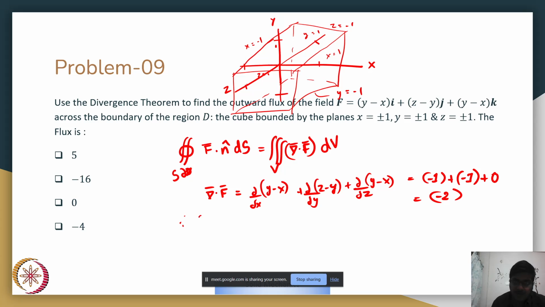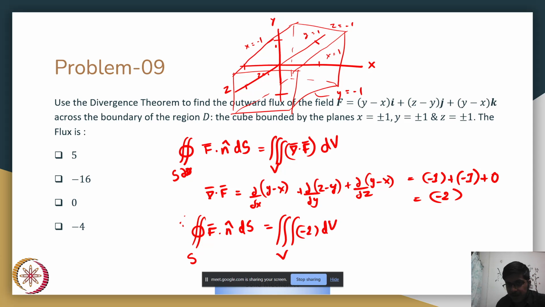Therefore my flux is the integral of minus 2 dV over the volume V, which is minus 2 times the volume of this cube. Volume of the cube is s cubed with s equal to 2. The overall answer should be minus 16. Option B.